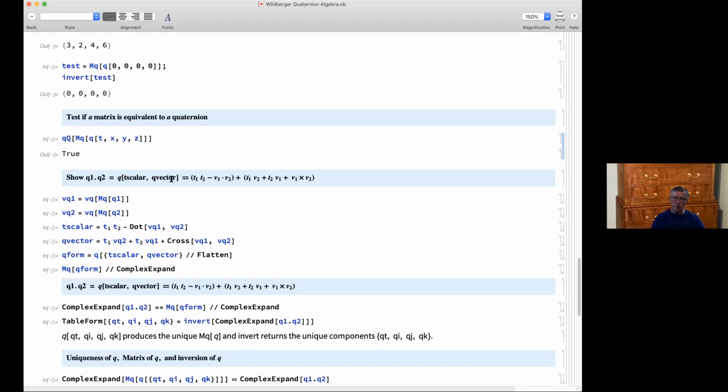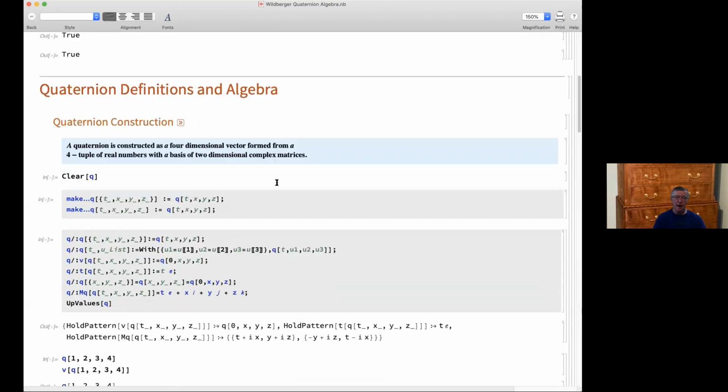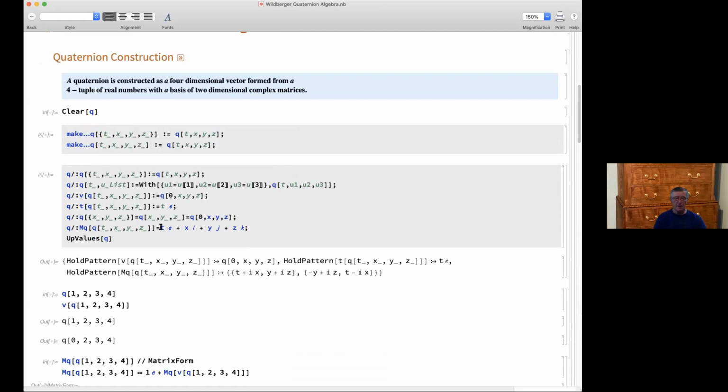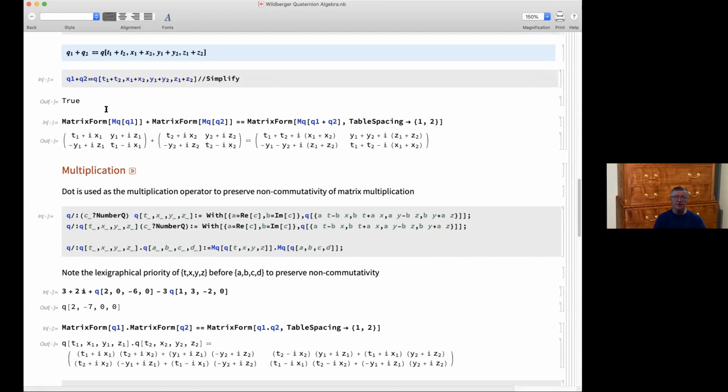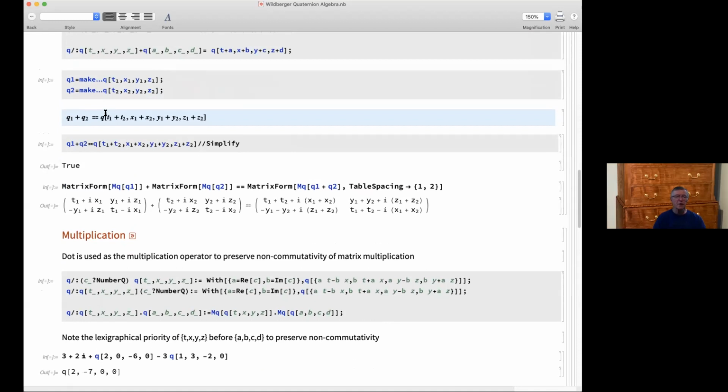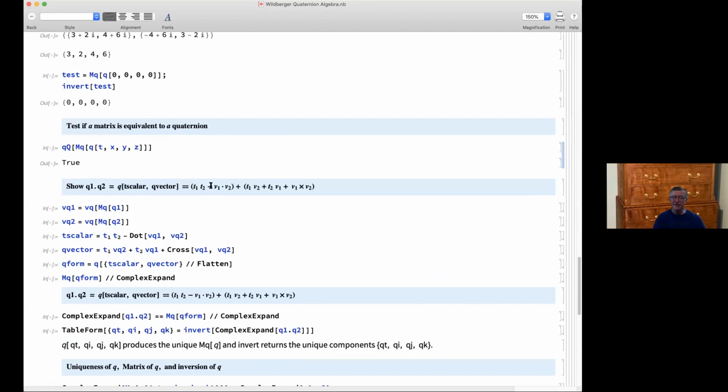Now, if you take the two n-tuples as identified by this format here of T times the identity matrix plus X times I plus Y times J plus Z times K, and you take that as an element, multiply it by itself, knowing the rules of IJK multiplication, then it turns out that when you gather all the terms, that's equivalent to T1 T2 minus the dot product of the pure quaternion parts, plus T1 times V2 plus T2 times V1, plus what's equivalent to the cross product of the pure quaternion parts.